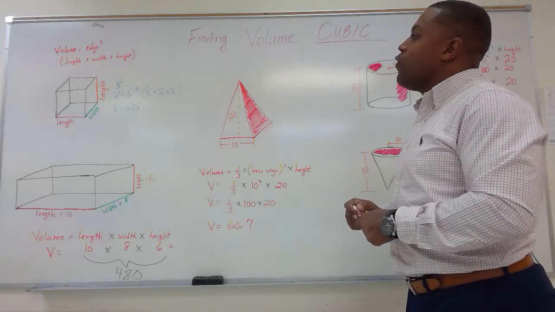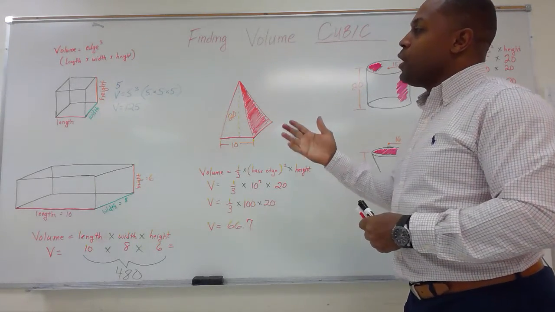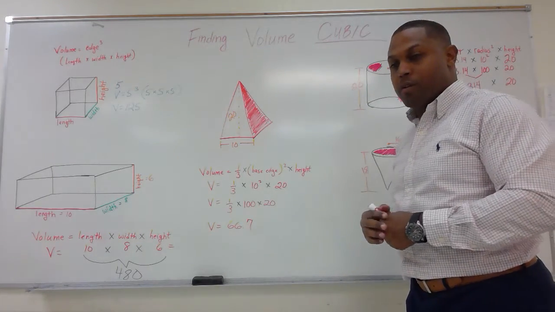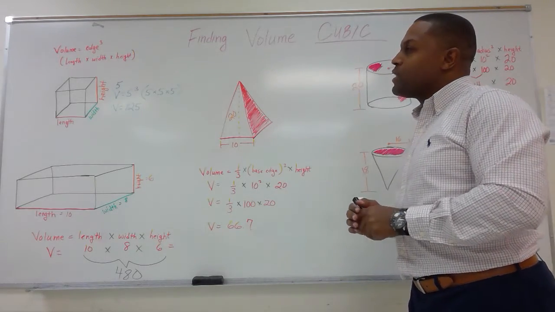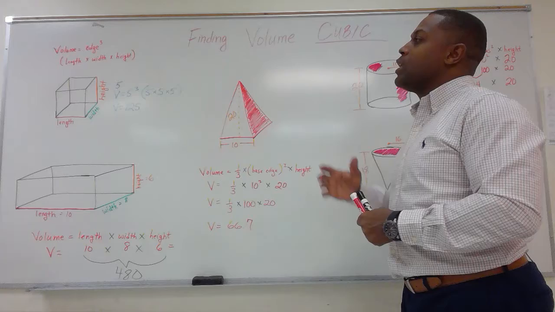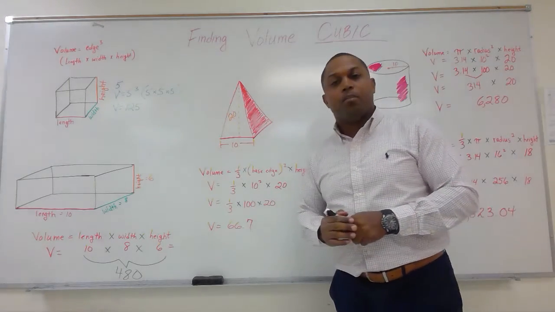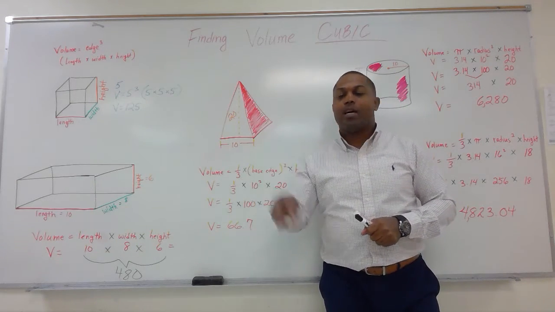The formula for this cube here is edge to the third power. We've talked a little bit in previous videos about something to the second power, but to the third power simply means whatever the number is, we're going to multiply that number times its own self 3 times.